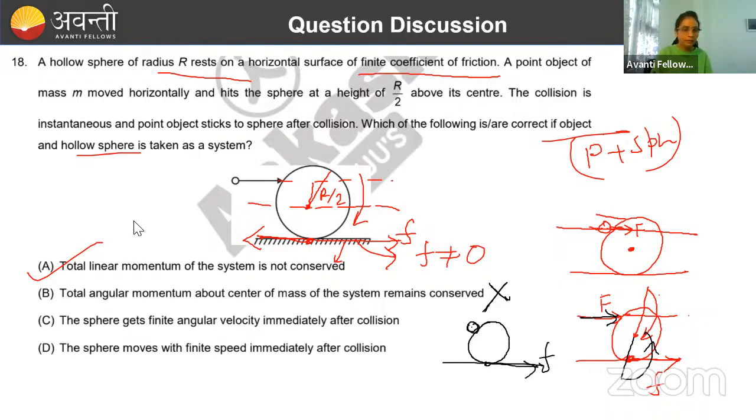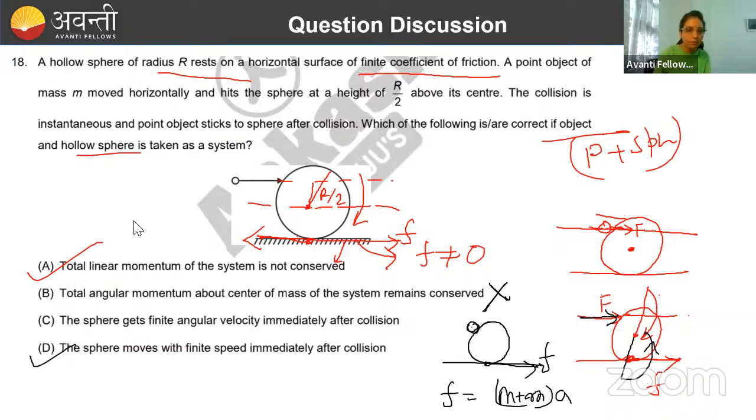Here, capital F was a force in between these two particles. So if I write the FBD of this whole system, F is an internal force, so we will cancel that. So we will be writing F equals (M plus m) a. This is the only external force acting. So it will have a certain finite velocity because it has acceleration just after the collision. So the sphere moves with finite speed immediately after collision.